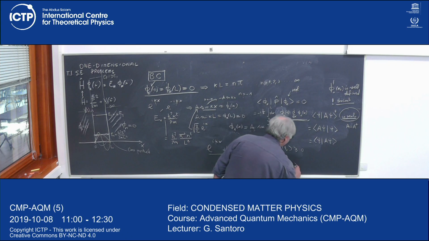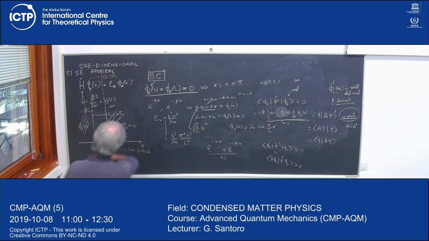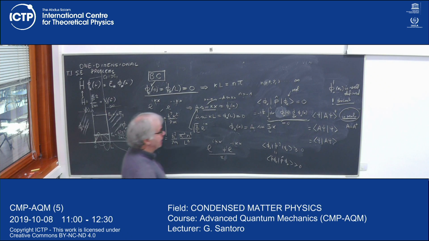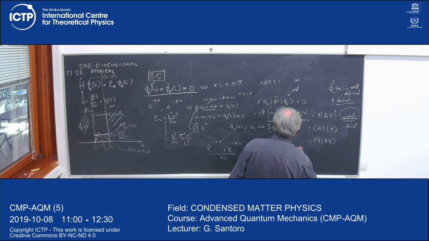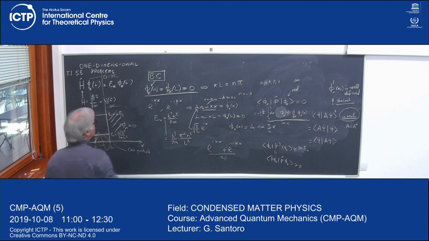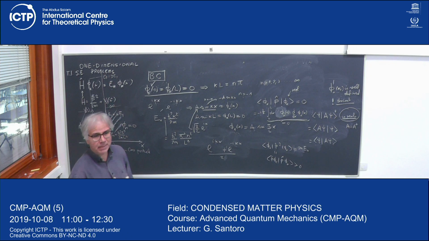So this is in fact greater than 0. It is the modulo square of the gradient of these functions. And in fact, how much is it? Well, it's equal to 2m times the energy eigenvalue. So the numbers that I've written here times 2m are the value of p squared.